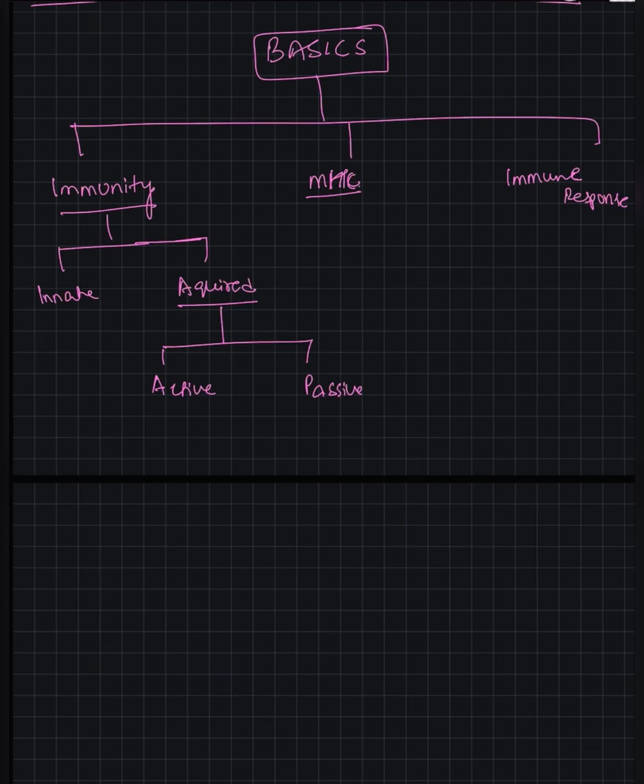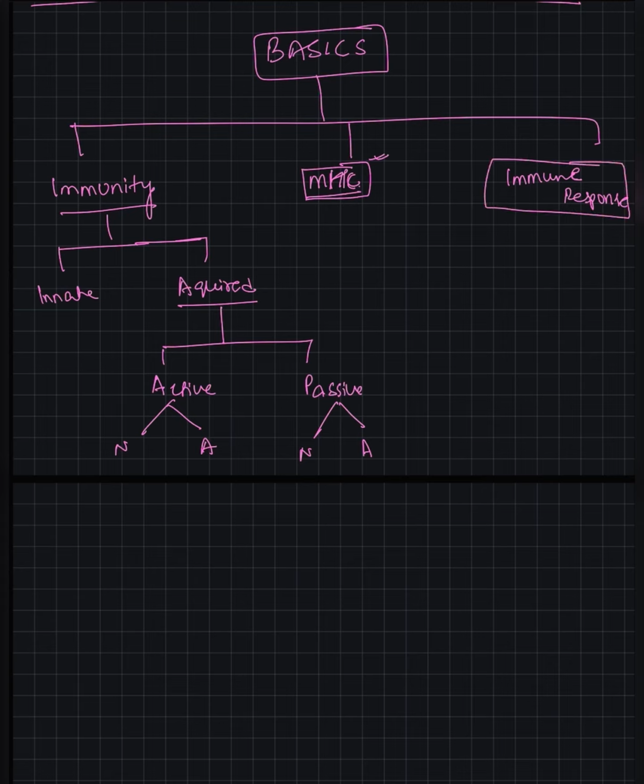Now both of these, active and passive, are categorized as natural and artificial immunity. Second is MHC. We will be talking about it after a few minutes.